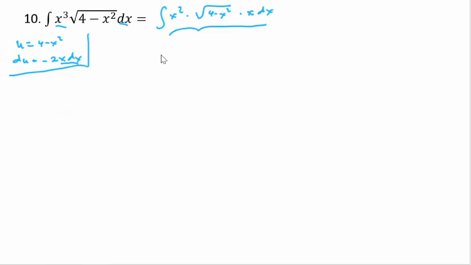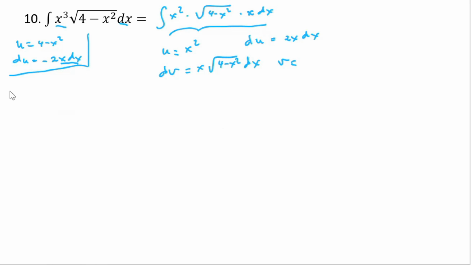So in that case, our u now will be equal to x squared, and our dv is the remaining terms, which is now x times the square root of 4 minus x squared dx. Now, taking the du, we have now 2x dx.